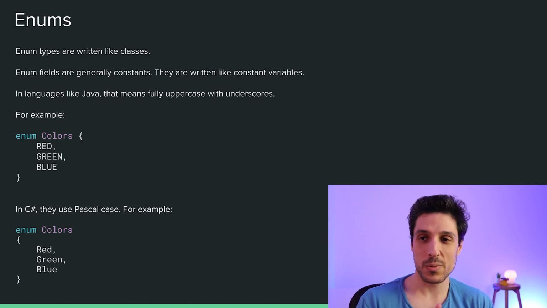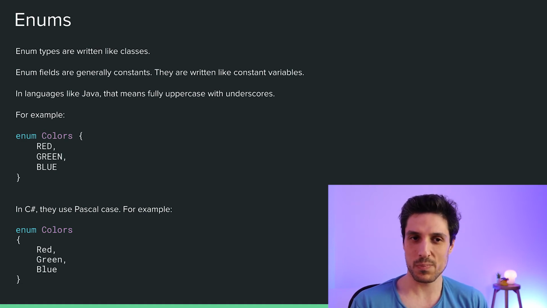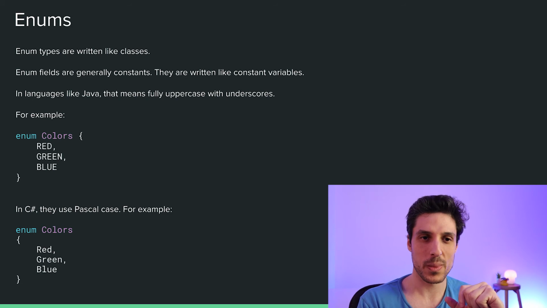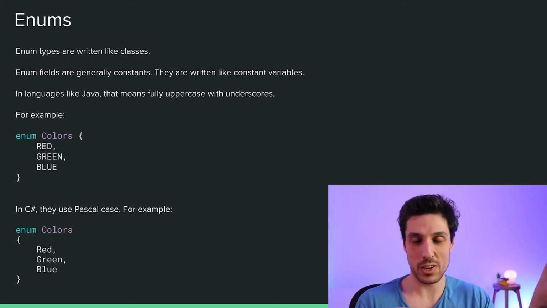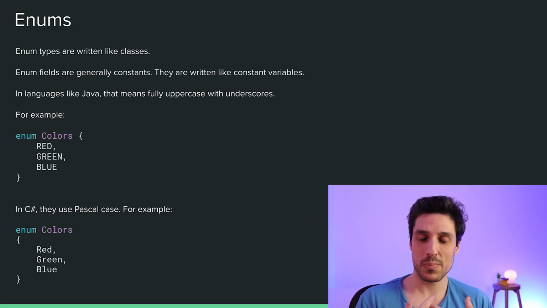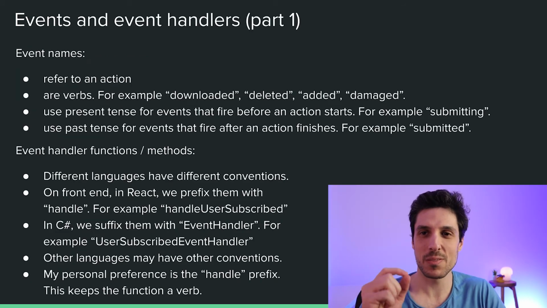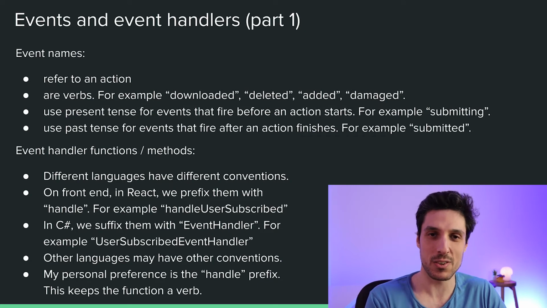And C# does something different. Even for proper constants, I think the convention is still to use Pascal casing, so you wouldn't write them fully uppercase. Personally, I prefer the Java convention because enums feel like constants to me, so I prefer to have them fully uppercase.